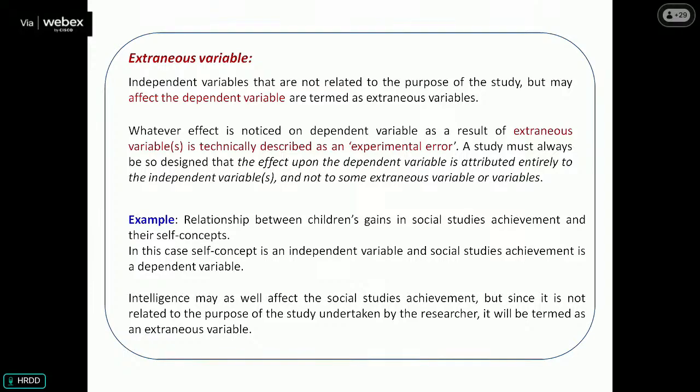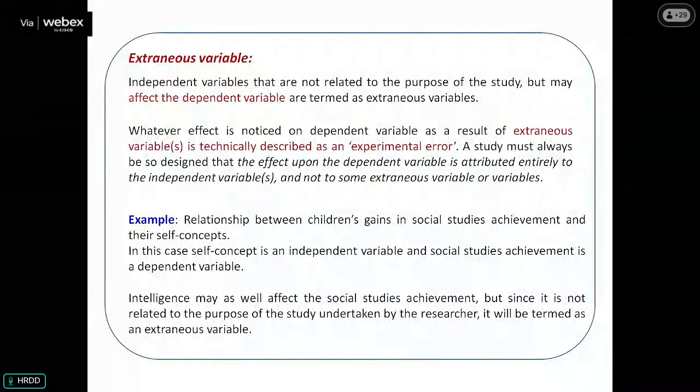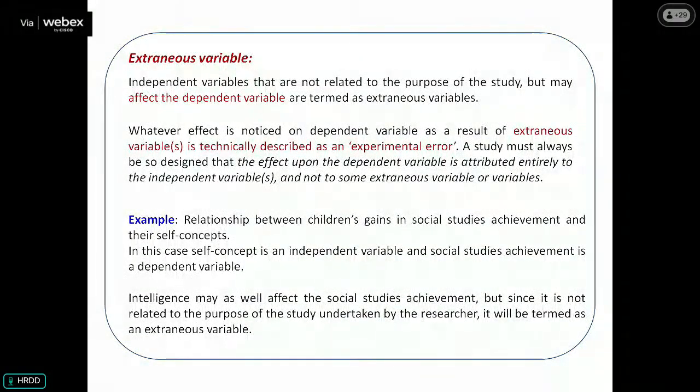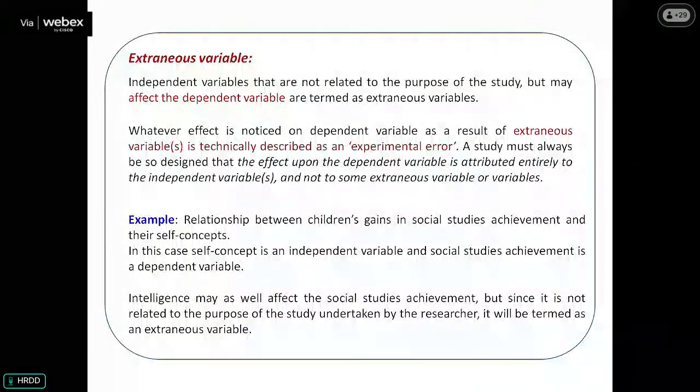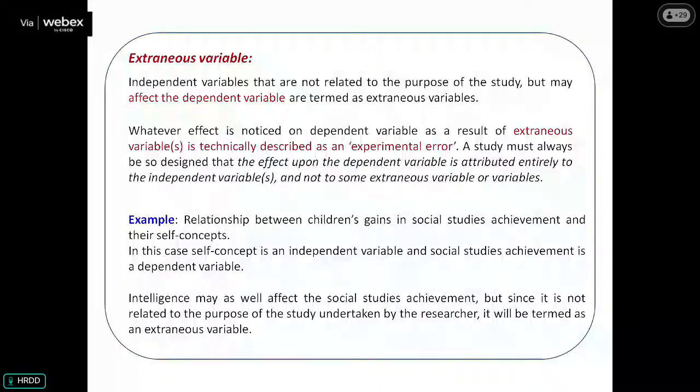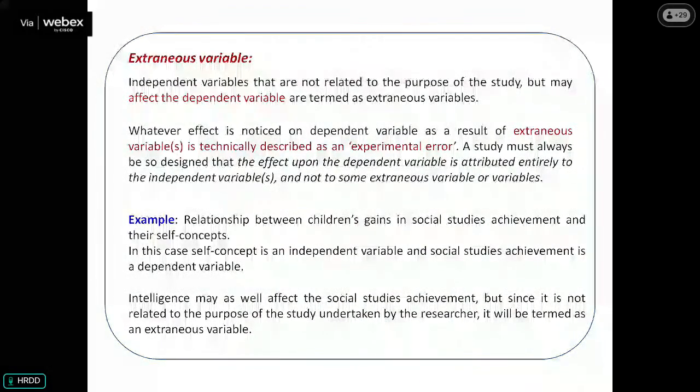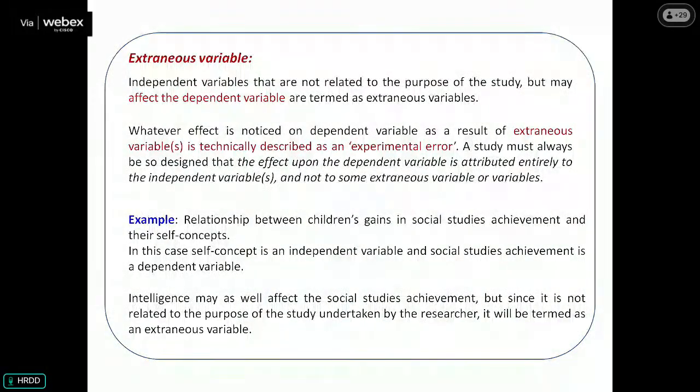There are two variables, independent variable and dependent variable, and those two were the purpose of your study, any two variables which I am concerned with during my research. But there is a third variable also existing which I am not concerned with, which is independent. It is not concerned with our study, but may affect the dependent variable.